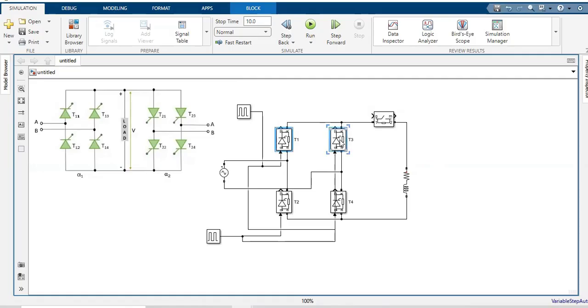Now I will draw the second converter. And the second converter should be connected in anti-parallel to the load.